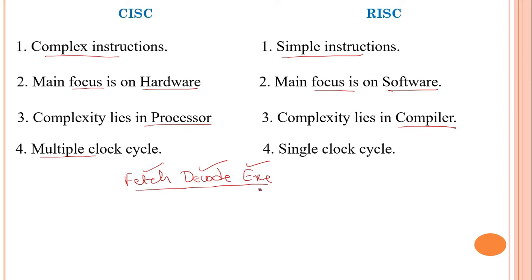Then finally the .exe file will be generated. To do this, it requires multiple clock cycles. Each instruction in the CISC processor requires multiple clock cycles to execute fetching, decoding and execution. If you consider one clock cycle, that is one edge to another edge, this is one clock cycle. Like that, multiple clock cycles are required in the case of the CISC processor, but in the case of the RISC processor, we require only a single clock cycle to perform fetching, decoding and execution of the instruction.